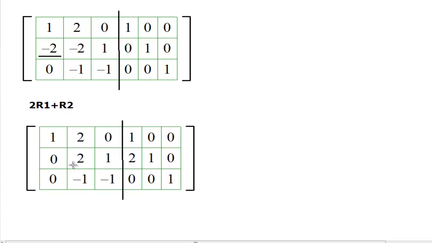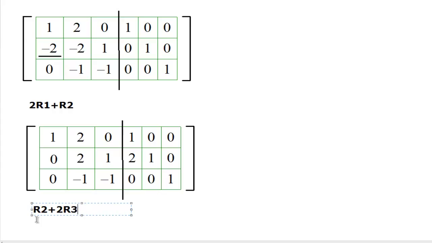Now what would we like? We would like to transform this entry, the second entry in the second column, to a 1. One way would be to multiply this row by 1/2, which we can do. We will have fractions, which is no big deal, but we can avoid fractions by adding row number 3 to row number 2.